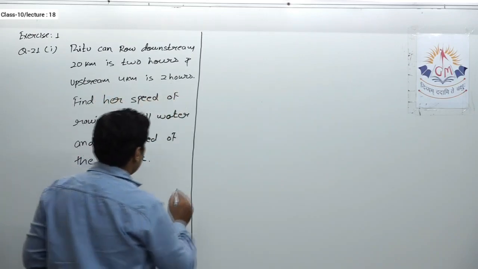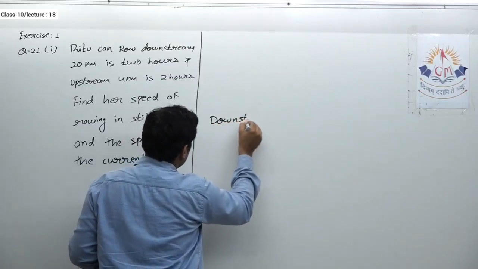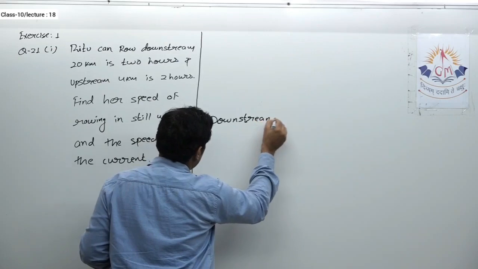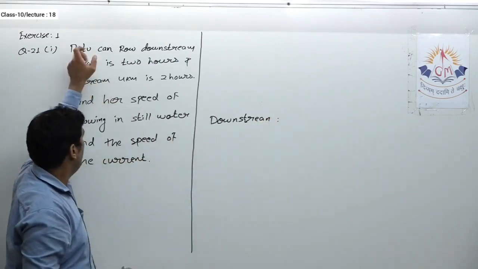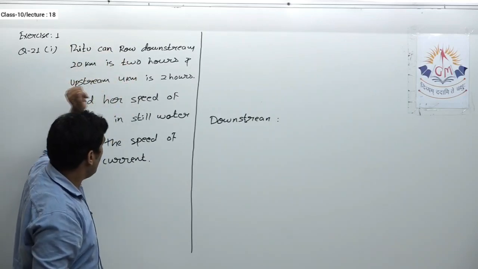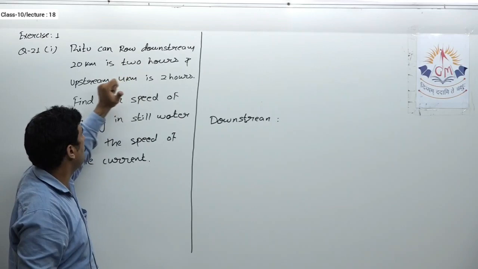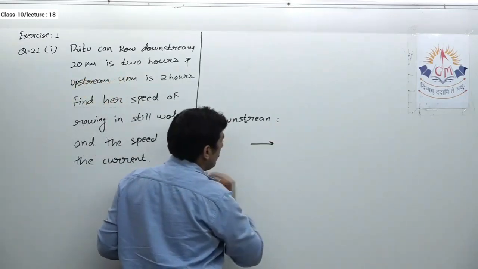Once again I will explain. Downstream means when the boat, or in this case a person, moves in the same direction as the flow of the river or the current.